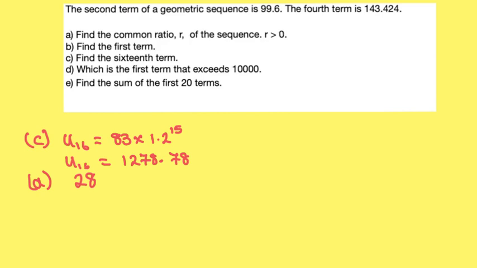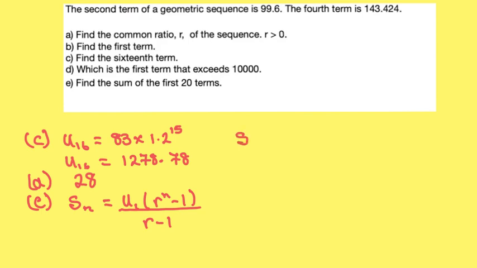Part E, find the sum of the first 20 terms. So we're going to use the sum to n is equal to u1 r to the n minus 1 all over r minus 1.